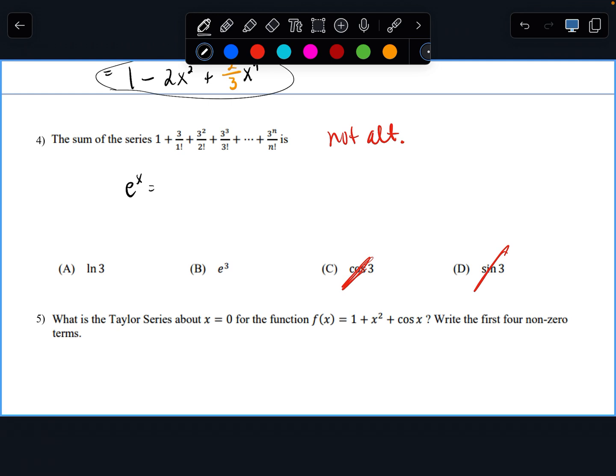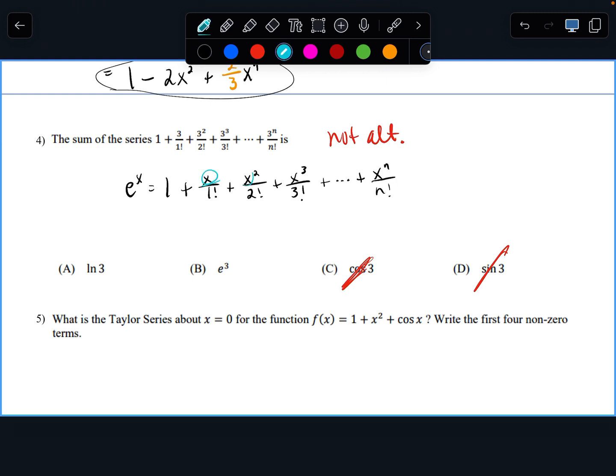But you need to recognize that this series looks very similar to e. And you have to just pull that out of your brain. There's not a trick to it, which is tough. It's just being like, oh, this looks familiar.